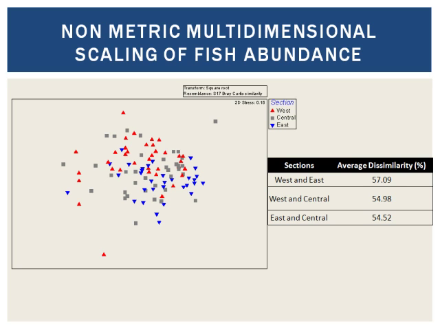The SIMPER function is represented in the table to the right. Average dissimilarity in fish assemblage based on sections of river, pairwise sections of river. West and east dissimilarity is around 57%. West and central and east and central are both approximately 55% dissimilar.